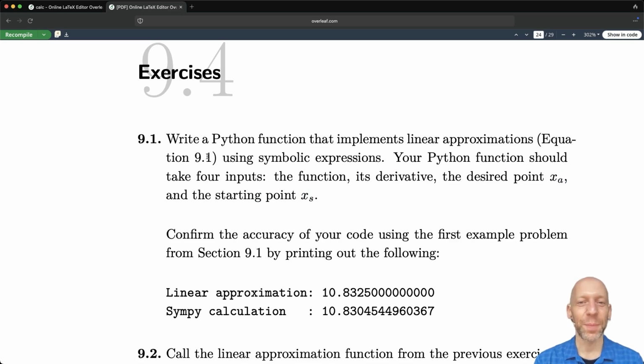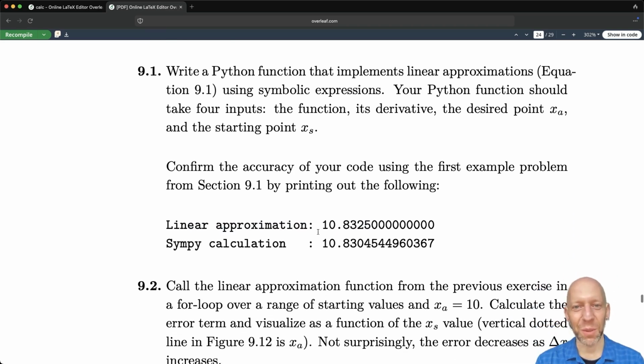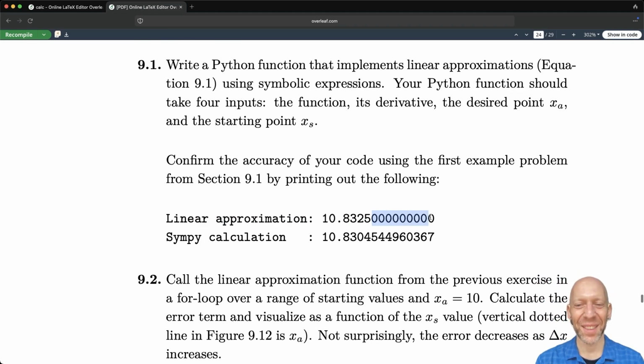And then you can test your code by running through the first example problem that I showed in the book. Your linear approximation should be 10.8325, and then lots of zeros after that. And then the SymPy calculation of the exact result, or at least something that is a very close approximation to the exact result, should be this crazy number here.